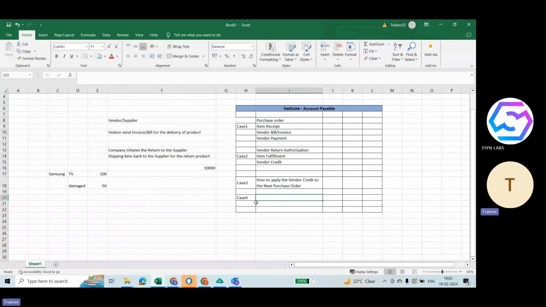To capture that scenario in NetSuite, we need to enable a feature called vendor prepayment. This is nothing but capturing an advance payment to the supplier. So that is also an exception case. Here the whole cycle starts whenever you are paying an advance payment to the supplier against a purchase order.